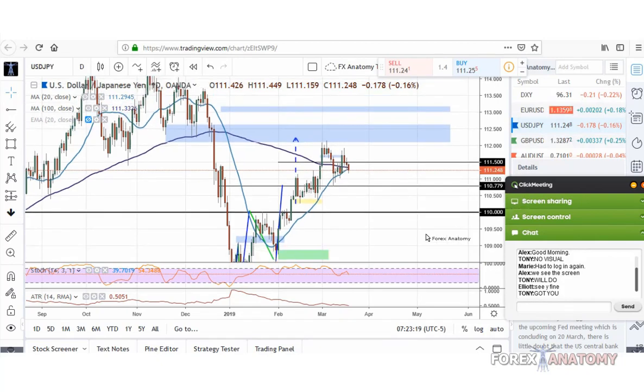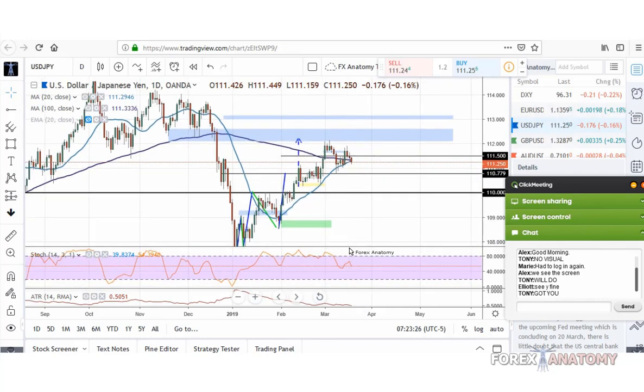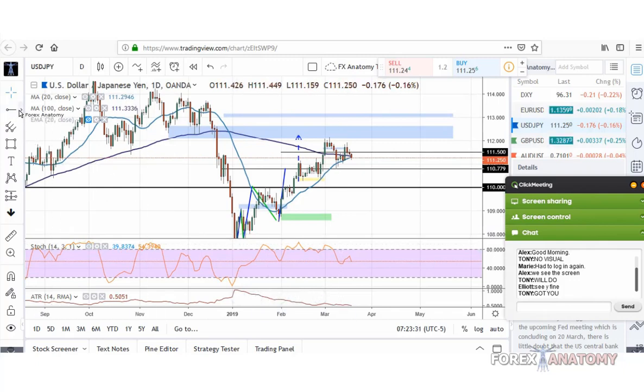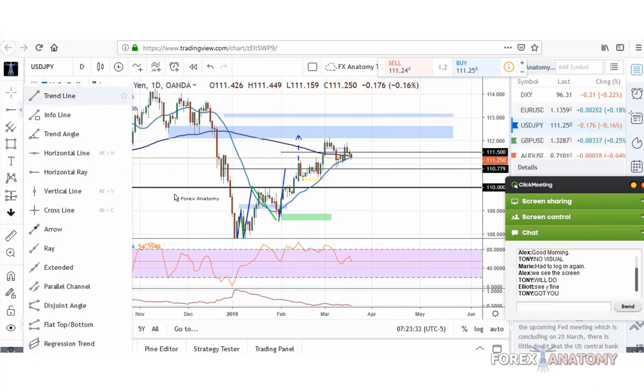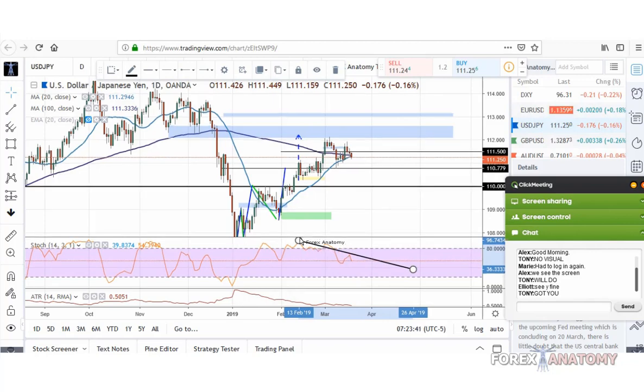And also, if you look at your stochastics, for those that do rely strongly on their indicators, we're also seeing a bout of bearish divergence. I can't go into all the details of what bearish divergence is, but we are seeing it on the slow stochastics.